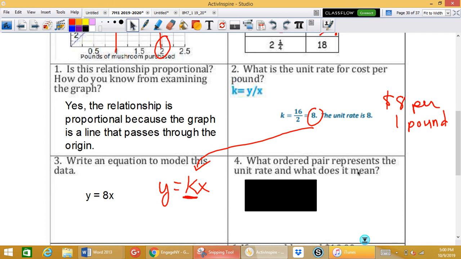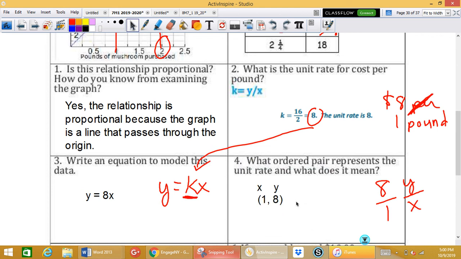What ordered pair represents the unit rate and what does it mean? Here's our unit rate right here. So we have 8 over 1, remembering that that's y over x. So if I turn this into a coordinate pair, my x is there and my y is there.